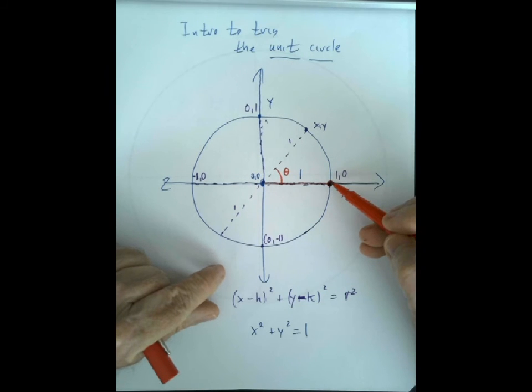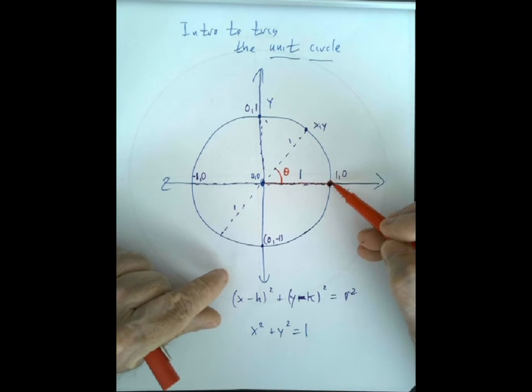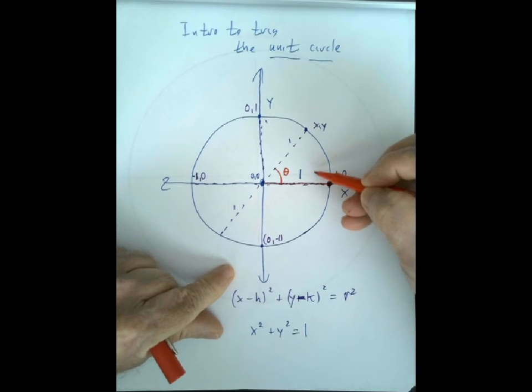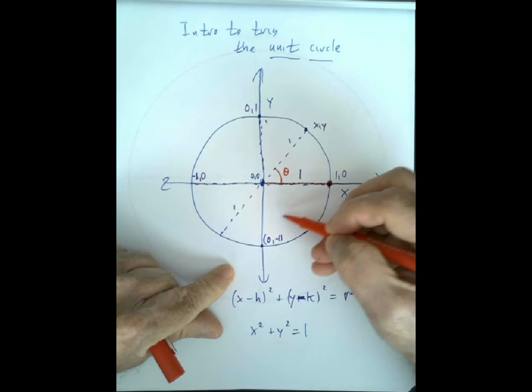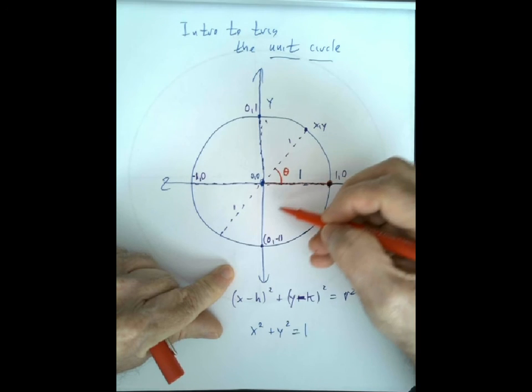When we measure an angle, one side of the angle will always be at this horizontal axis here that goes out to 1, 0. For us, that's going to be angle degree 0. And then we're going to measure positive angles counterclockwise like this, and negative angles clockwise like this.